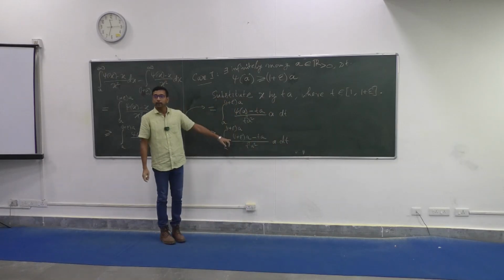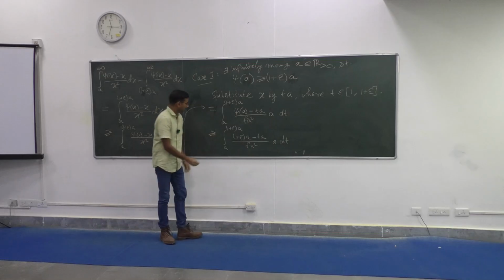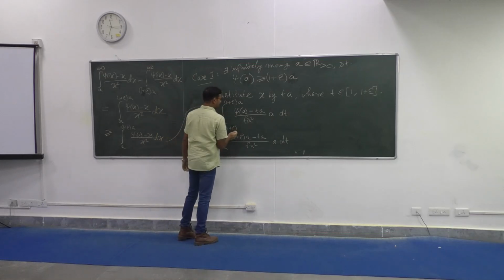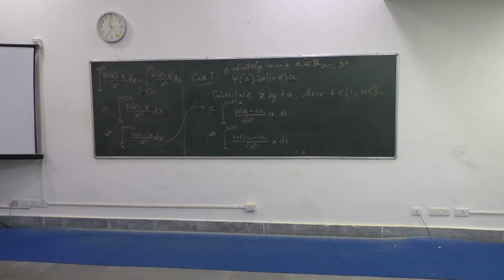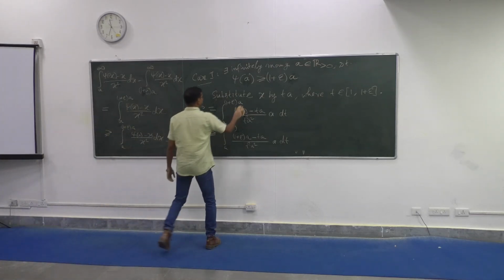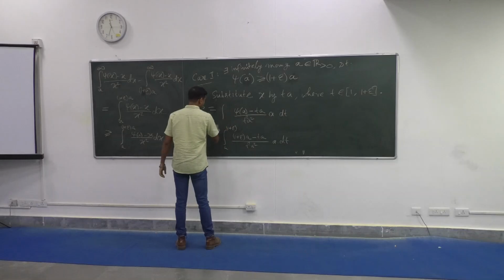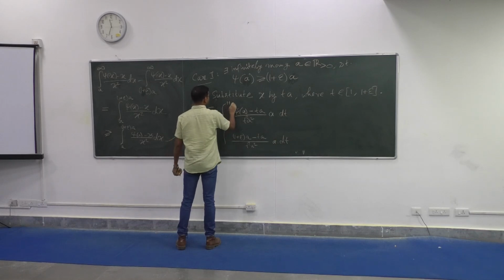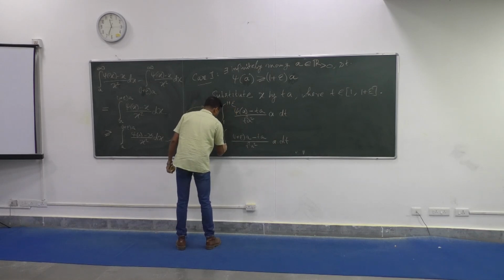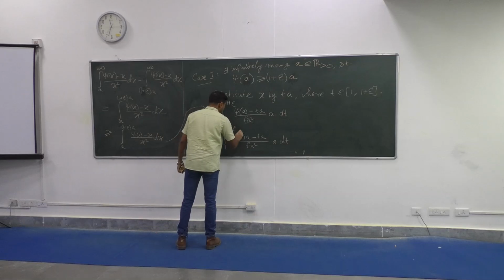The range should be 1 to 1 plus epsilon. Ah, right, thanks a lot. And also here, one to 1 plus epsilon, and this one is also from 1 to 1 plus epsilon.